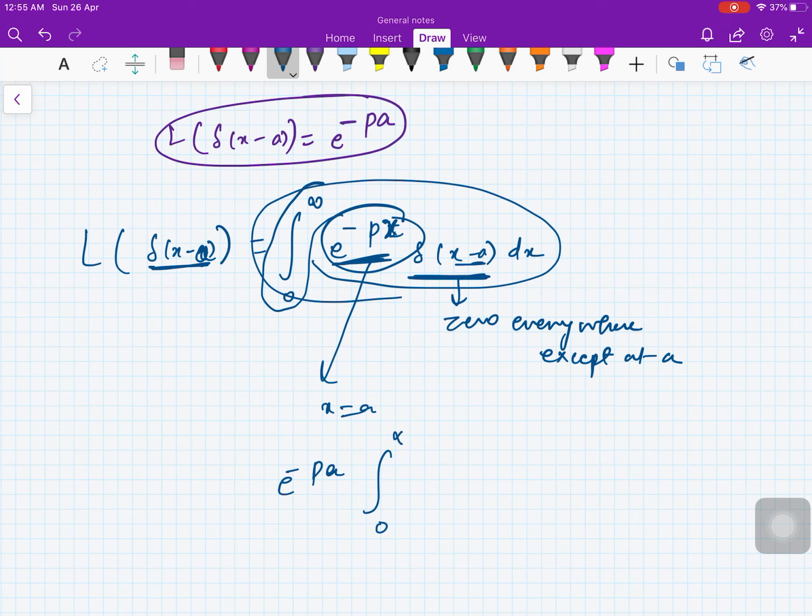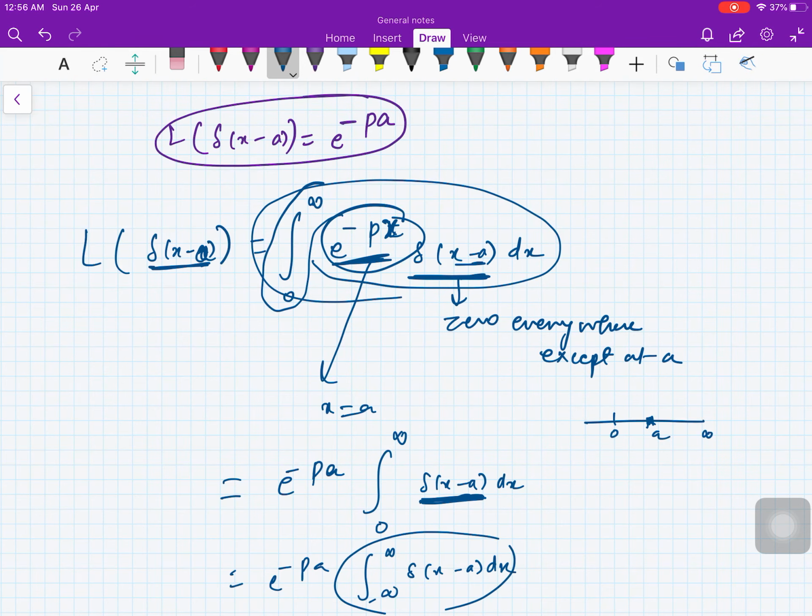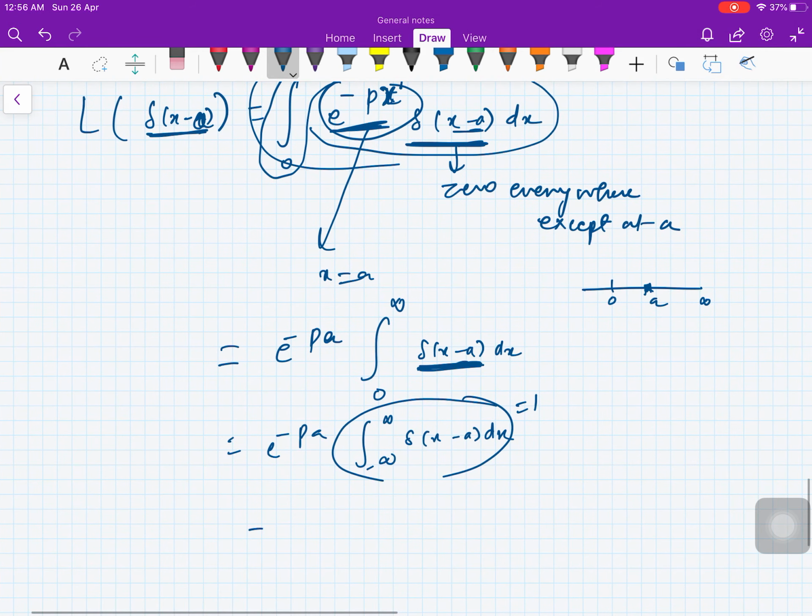This comes out of the integral, and then you have the integral from 0 to infinity of delta of x minus a dx. Because a we are assuming is on the right hand side of your axis, and there is nothing on the left hand side because the function is 0 anyway, this is equal to e raised to minus pa times the integral from minus infinity to infinity of delta of x minus a dx. This is 1, so your answer is e raised to minus pa.